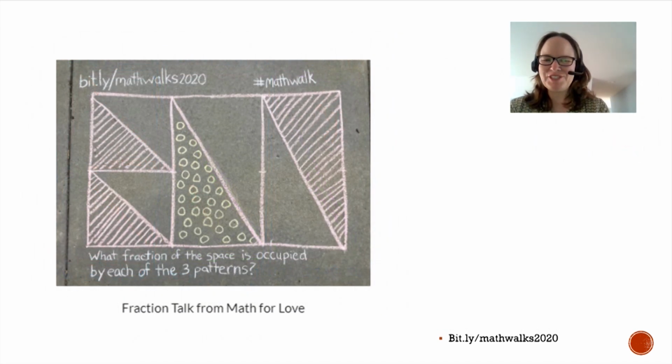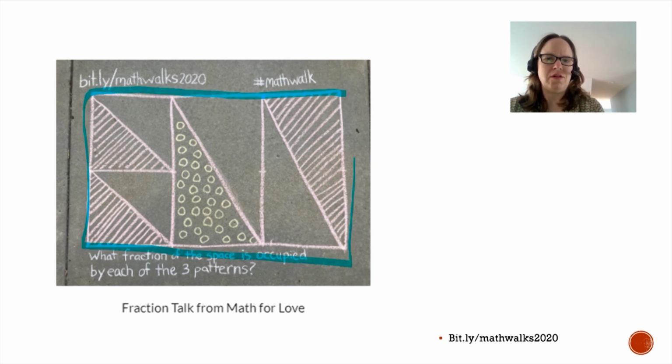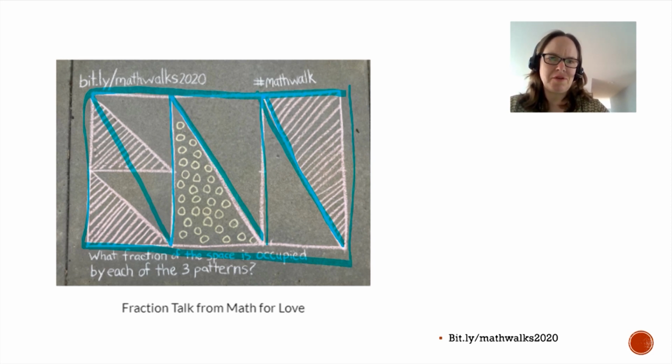All right, third graders, what should we start with? Let's start with thinking about this as a whole, that's 1, right? The whole is 1. Now, if we look at how many spaces we have when we split it like this, we have 1, 2, 3, 4, 5, 6.